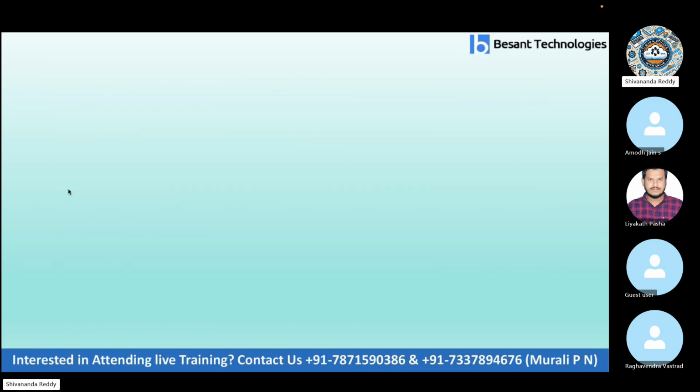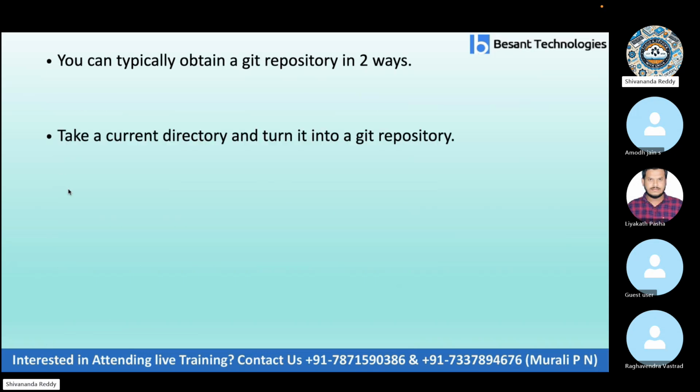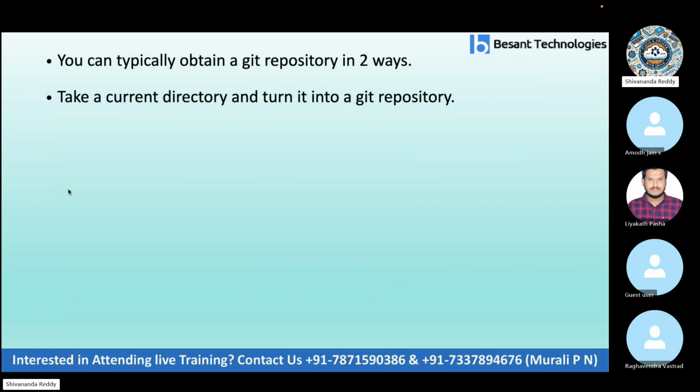Getting a Git repository. You can typically obtain a Git repository in 2 ways. One way is to take a current directory and turn it into a Git repository. Remember, on your local laptop, create one folder and prepare that folder as a Git repository. The second way is to clone an existing Git repository from elsewhere.